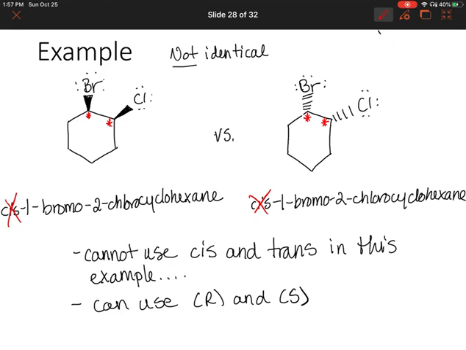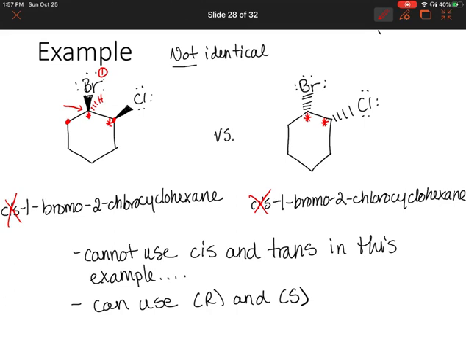Okay, so let's start with carbon 1 on the first molecule on the left. That's bonded to bromine up above, and then a carbon and a carbon, as well as a hydrogen in the back. So let's prioritize our substituents here, or our different groups. What has the highest mass? Bromine, carbon, or hydrogen? Bromine, so that would get number 1.